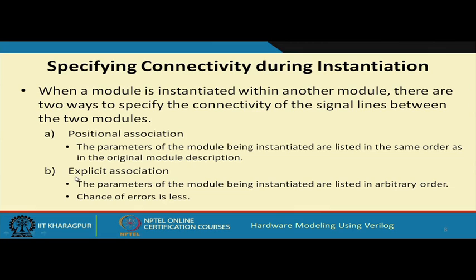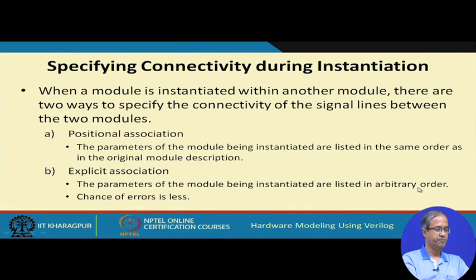If it was sum, carry, A, B, C, then when you are instantiating, we have to specify in the same order: sum, carry, A, B, C. So, we cannot change the order. But there is an alternate method called explicit association, where we can specify the parameters in an arbitrary order. We shall see how.